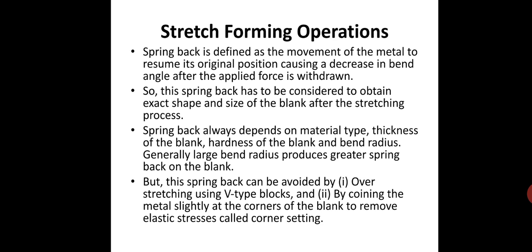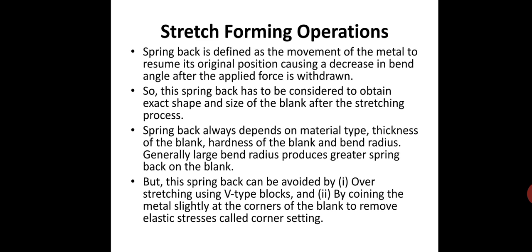Spring back always depends on material type, thickness of the blank, hardness of the blank, and the bend radius. Generally, a larger bend radius produces greater spring back on the blank.